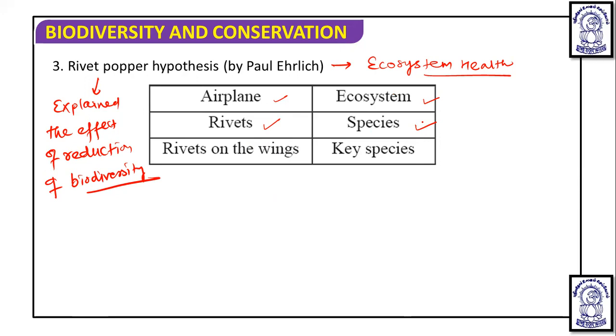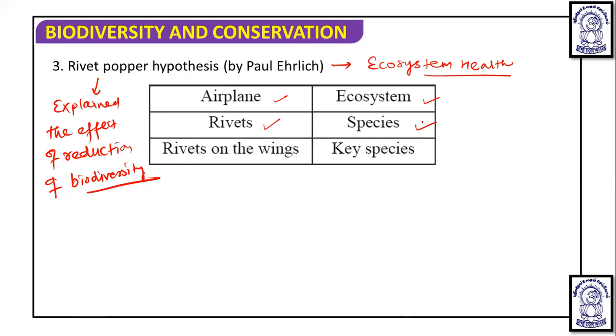If every passenger traveling in it starts popping a rivet to take home, which can cause a species to become extinct, it may not affect the flight safety.